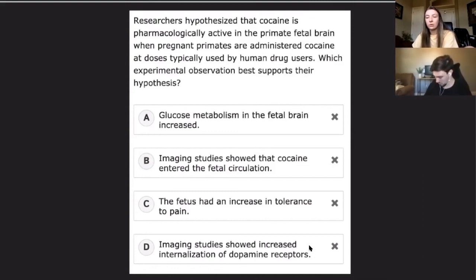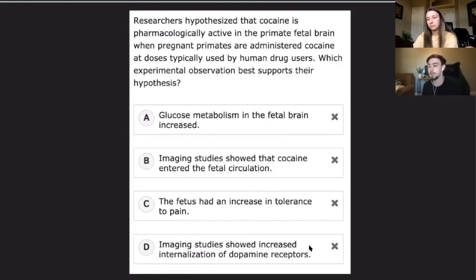And I'm also getting caught up, John, with internalization. I don't really understand what that means, but it doesn't sound right. Certainly, dopamine receptors are what cocaine acts on, but I don't think an increase in internalization would really point to cocaine in the brain, whereas A would.